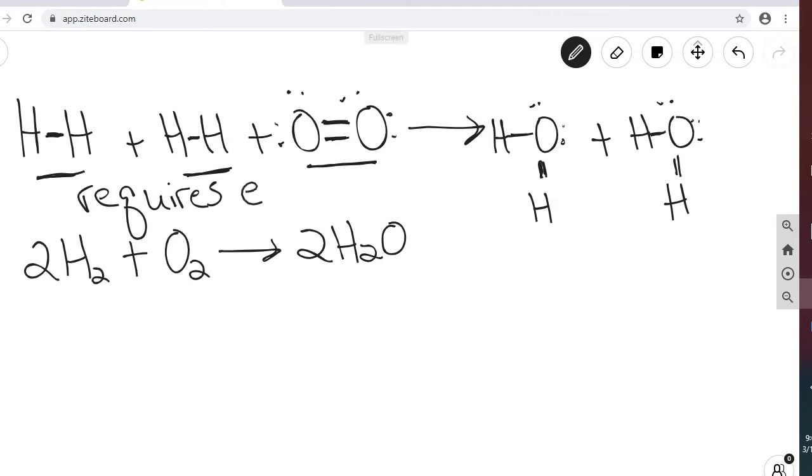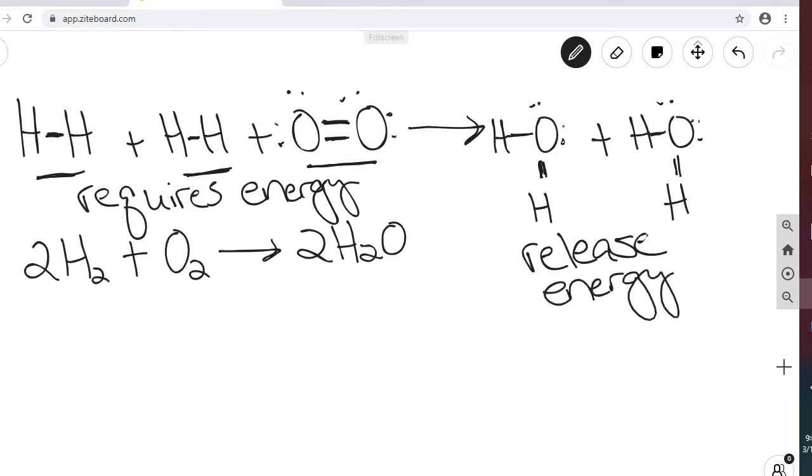So we use energy to break the bonds, and then when we form these bonds, that's going to release the energy that was used to break the bonds. Okay, so forming the bonds releases energy. Breaking the bonds is going to use energy. It's going to absorb energy.